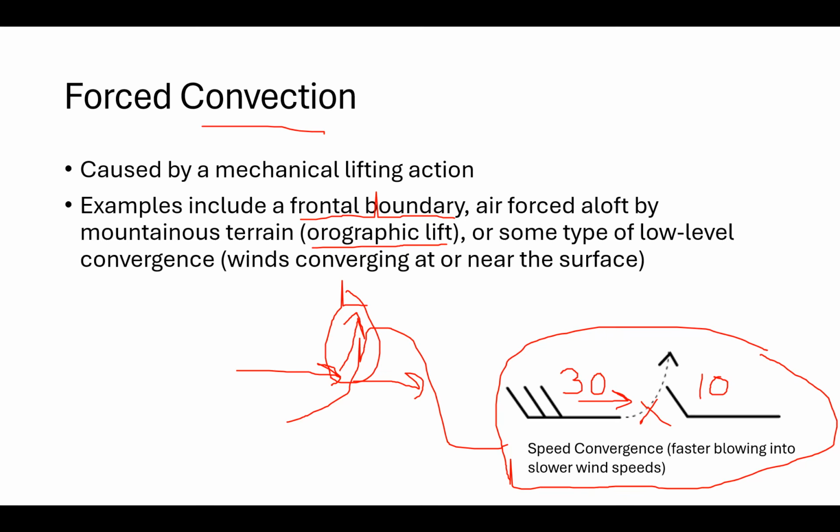But by the time you get up to the toll booth, you start converging with slower moving cars ahead of you. So those are the cars that are paying at the toll booth, right? So there's an accumulation of cars, or speed convergence. Faster moving cars are going to eventually bump or slow down behind slower moving cars. So I like to use that toll booth analogy when we talk about speed convergence.